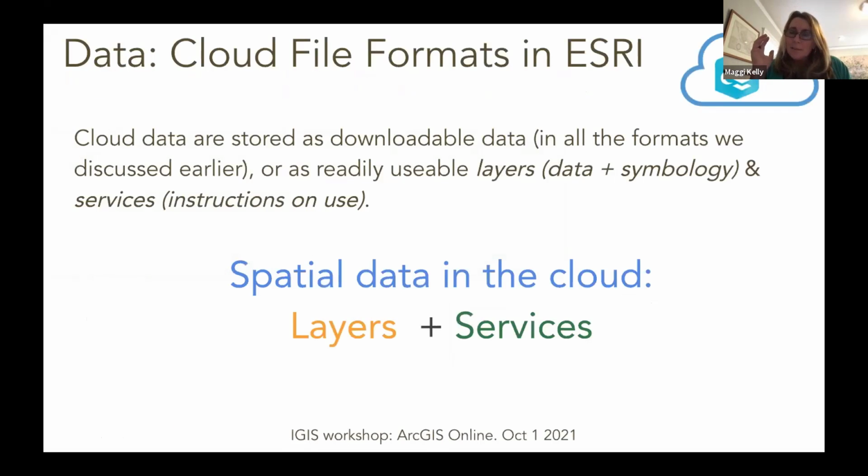But when we talk about data in the cloud, GIS data in the cloud, we forget all that terminology. And what we really talk about are layers and services. And layers are the spatial data and any symbology that you've assigned to that data. And you're going to do this in the workshop. And services are just the instructions on who can do what with your data in a shorthand.